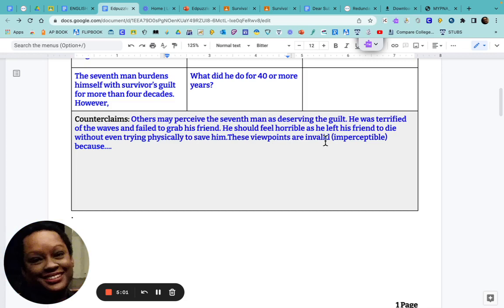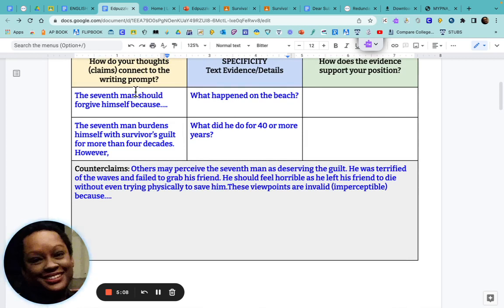These viewpoints are invalid or imperceptible because... this person disagrees with what you wrote here, and you have to tell me why that person's viewpoint is imperceptible or invalid. Imperceptible has the word perceive in it, so if you don't know what it means, I want you to look it up.